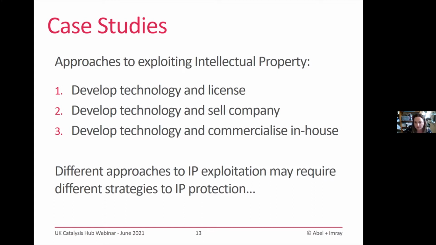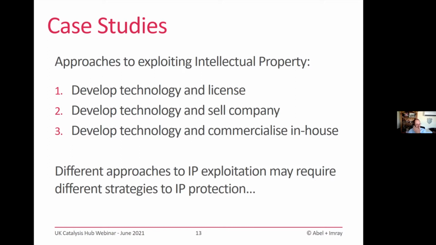Then I'll talk about a startup company that developed their technology and then went on to sell the company. And then finally, Tom will round things off with talking about another startup company that kept their technology in-house and developed it and marketed it themselves.